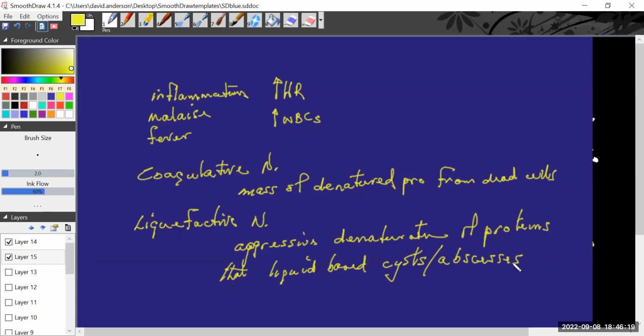Now, there's lots of other types of necrosis. There's fatty necrosis that occurs in adipose tissue. There's caseous necrosis, and caseous necrosis is a combination of the first two that we talked about, a combination of coagulative and liquefactive.